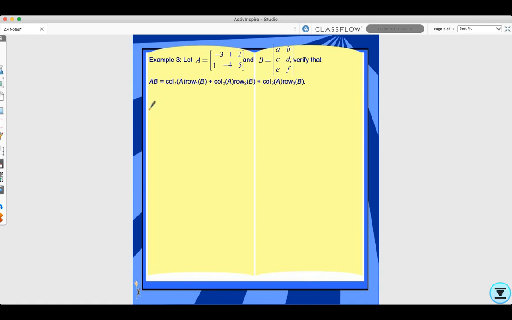The first thing we're going to do is column 1 of A times row 1 of B. So negative 3, 1 times row 1 of B, A B.